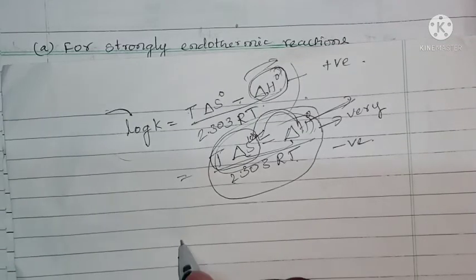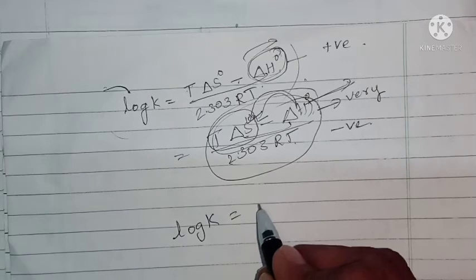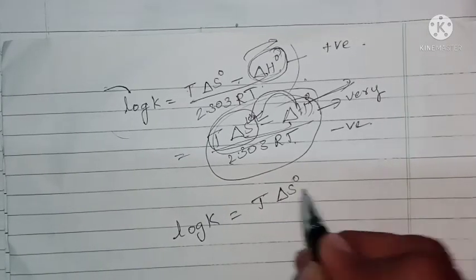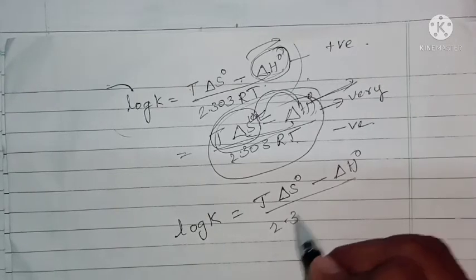Next, for an exothermic reaction, again the equation log K equals T delta S naught minus delta H naught divided by 2.303 RT.